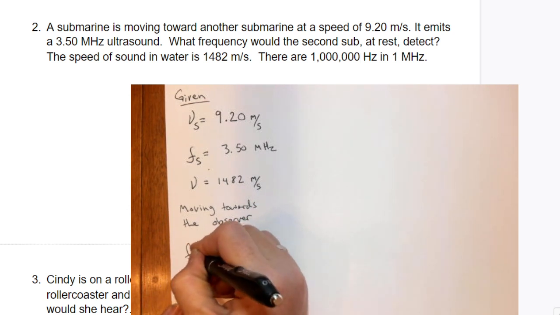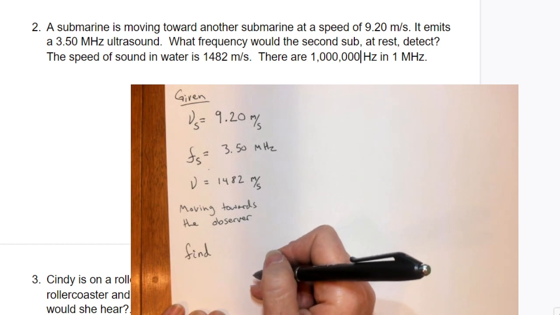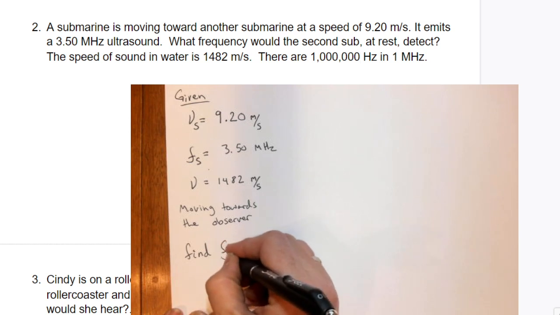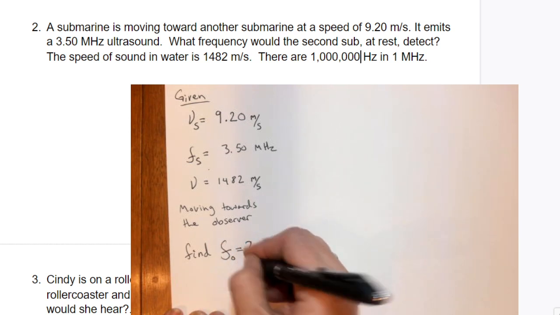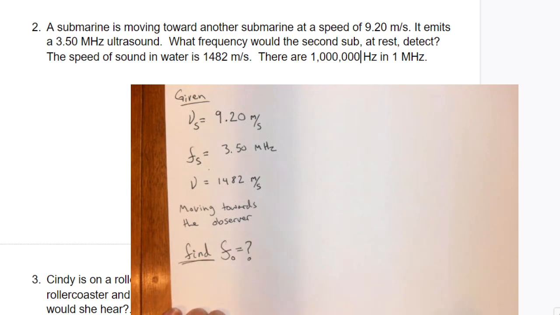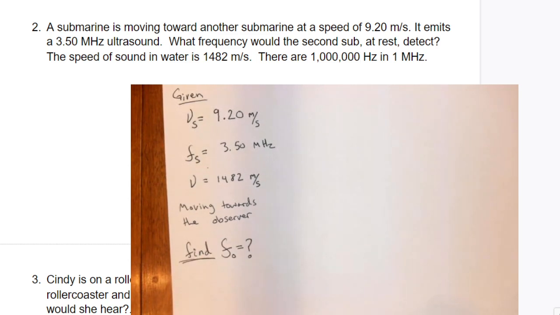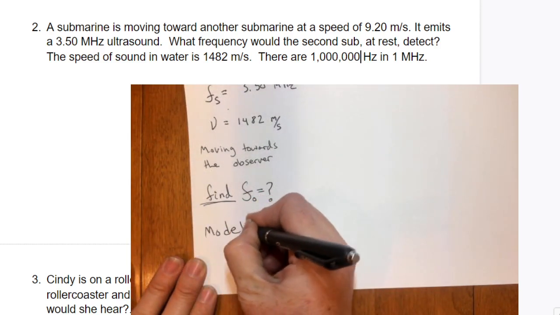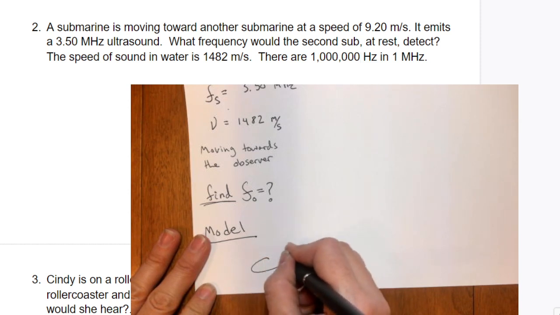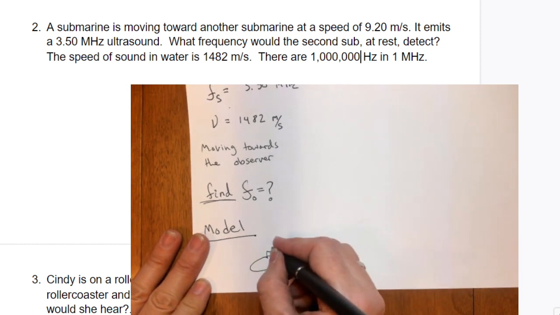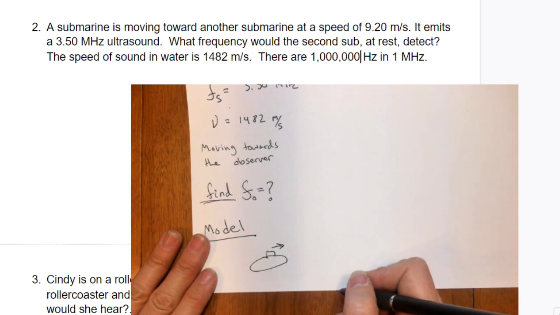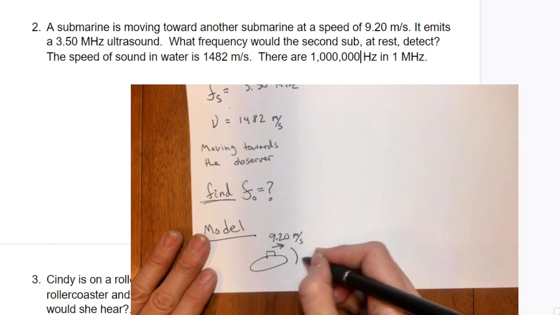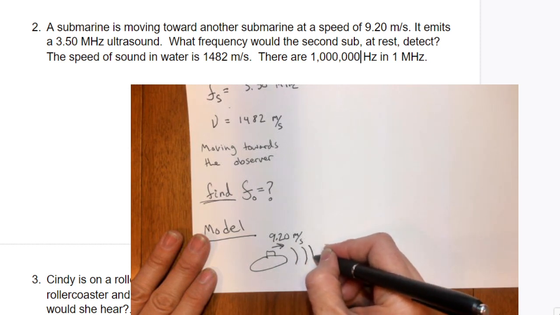Okay, and what do they want you to find? You must find the frequency detected, which is the frequency observed by the other submarine. Let's draw a model. The model shows this submarine traveling at a velocity of 9.20 meters per second, emitting ultrasound.